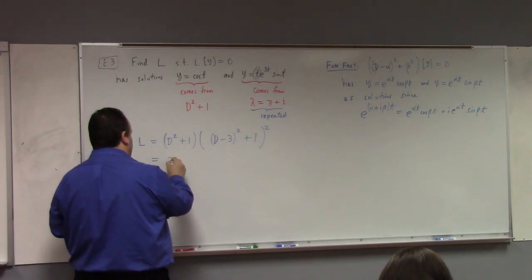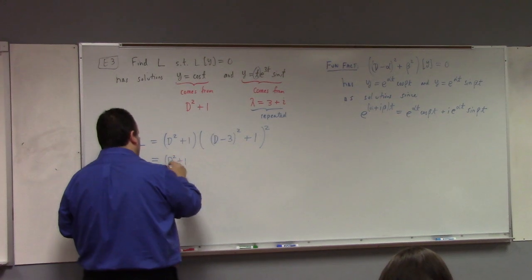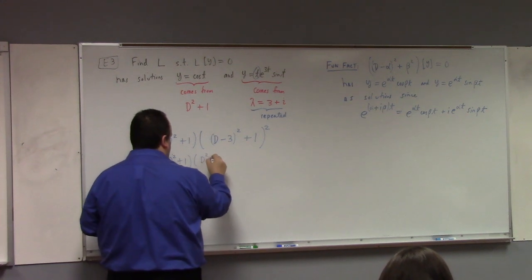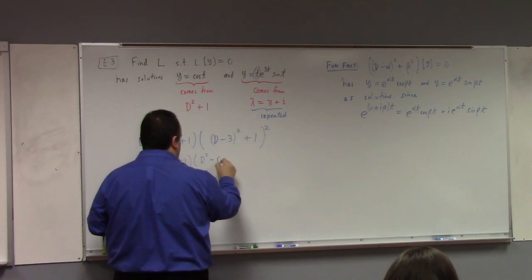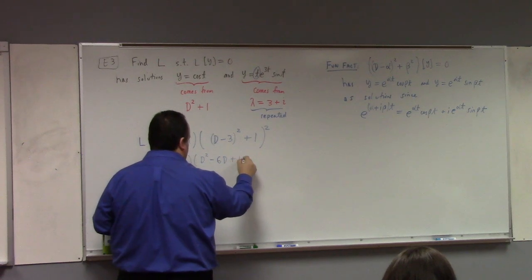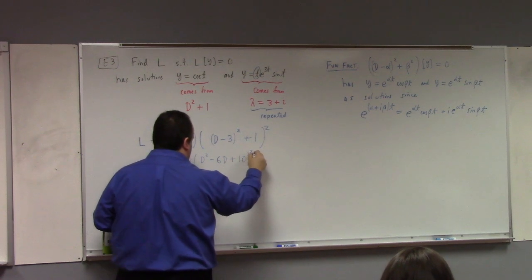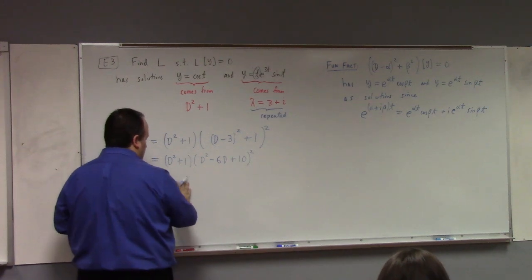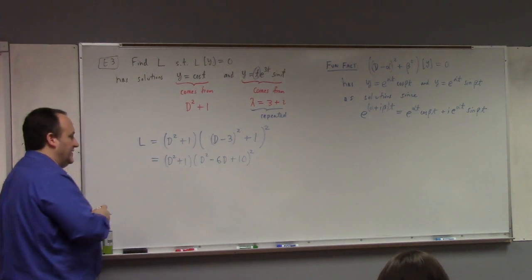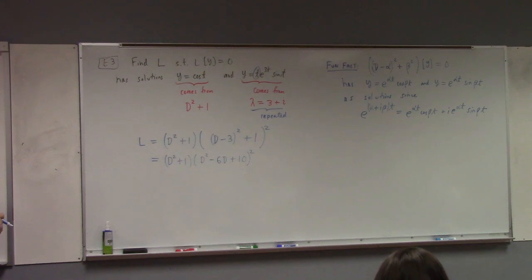And so if my differential operator is (D squared plus 1) times (D squared minus 6D plus 10) all squared, you don't have to actually multiply it out, but this defines a sixth order operator whose solution set will include the cosine and sine times exponential times t term that we want. Yep.